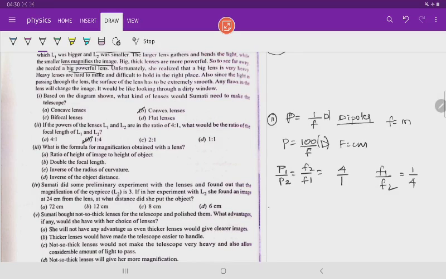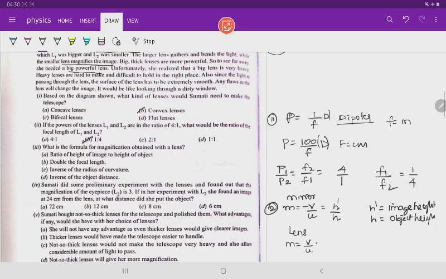What's the formula for magnifying object with lens? So we know magnification. Question number 12. Magnification for mirrors is minus V by U, or it can also be H dash by H, where H dash is image height to object height. Same way for lenses, M is equal to V by U, or it is H dash by H. You know what is H dash.